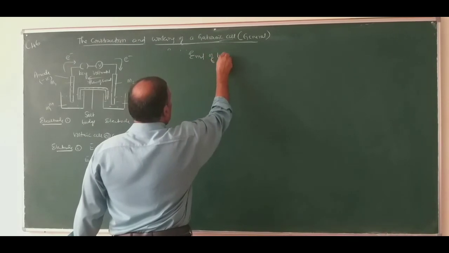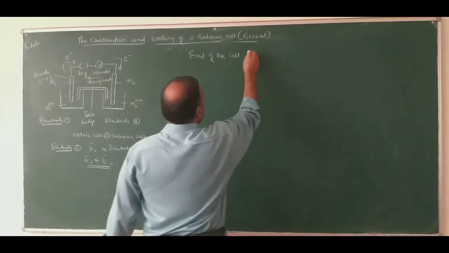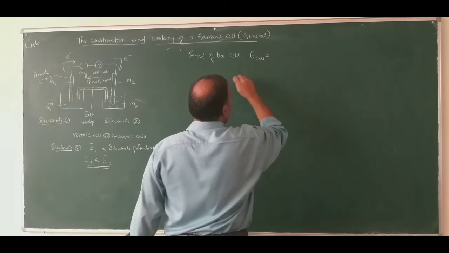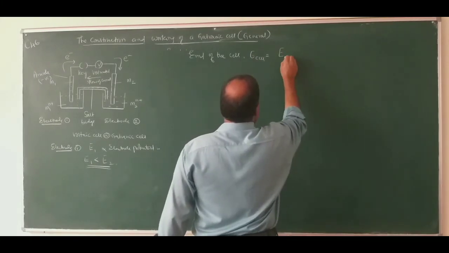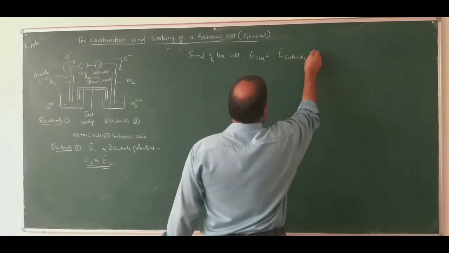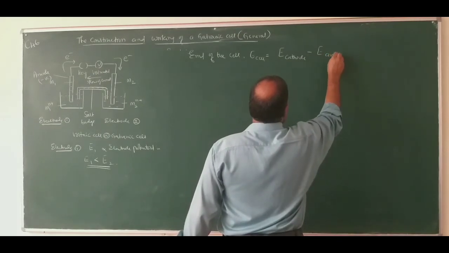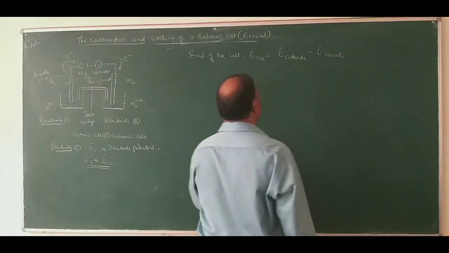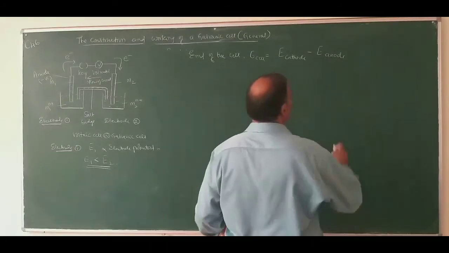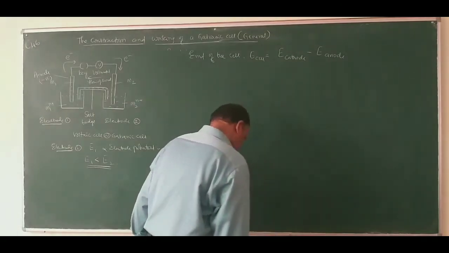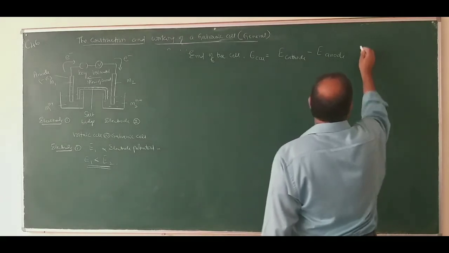EMF of the cell, that is E cell, is equal to E cathode minus E anode. So what is E cathode? E cathode equals electrode potential of cathode.